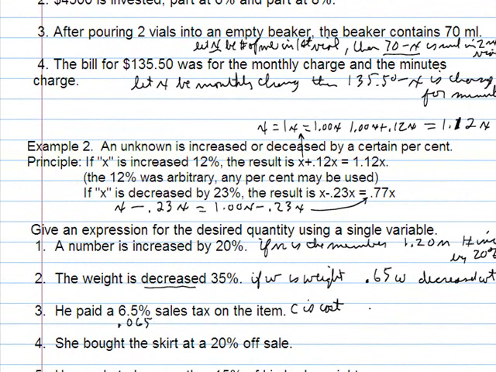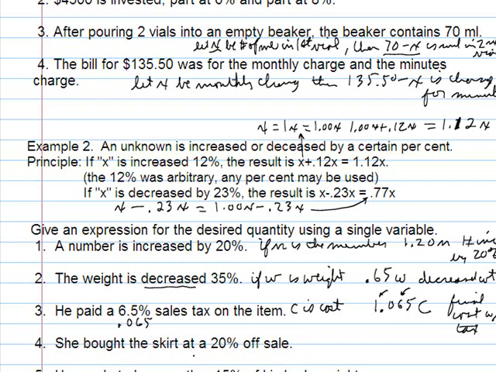So what we'd want to do is take that cost and multiply it by 1.065. This would be the final cost with tax. The 1 in the 1.065 represents the whole cost, and then the 0.065 represents the sales tax that was added, for a total of 1.065C.